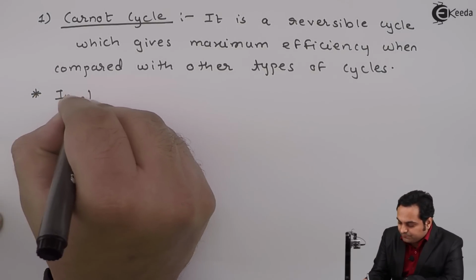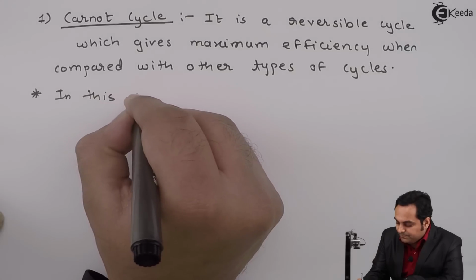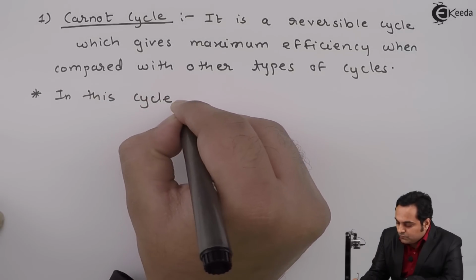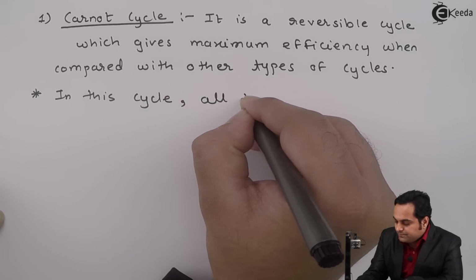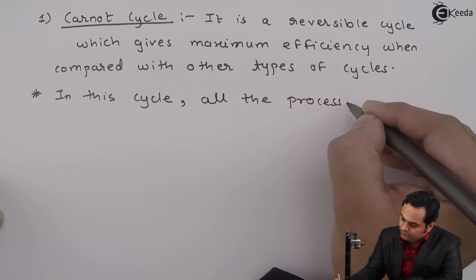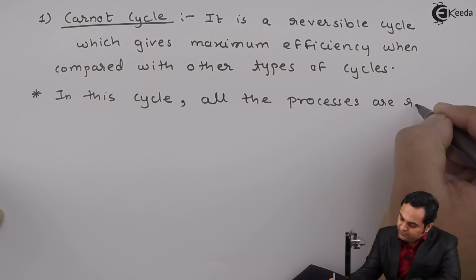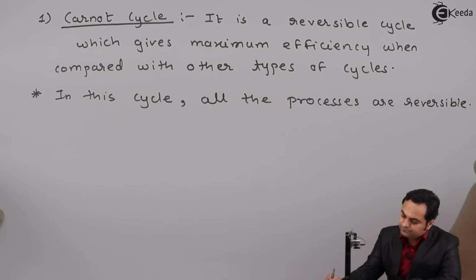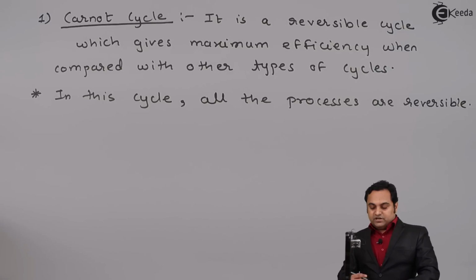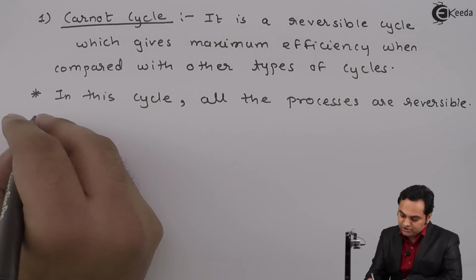Next, in this cycle, all the processes are reversible. In case of Carnot cycle, the processes are reversible, and here I'll mention the processes.